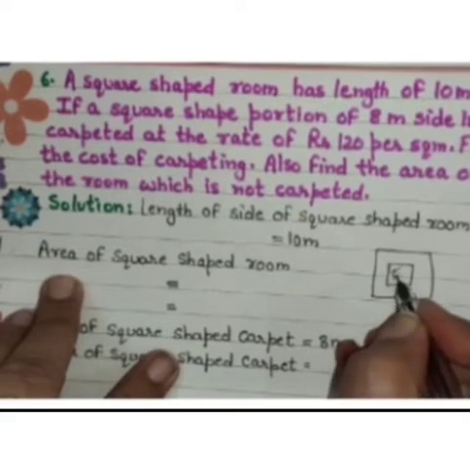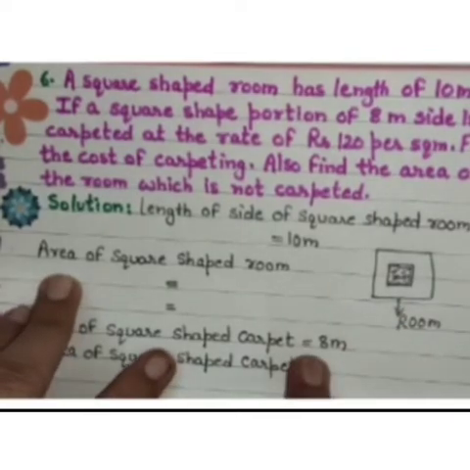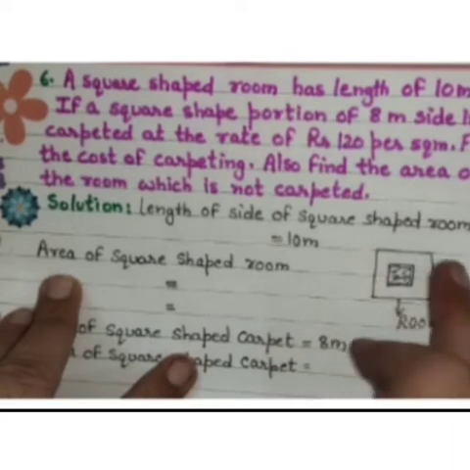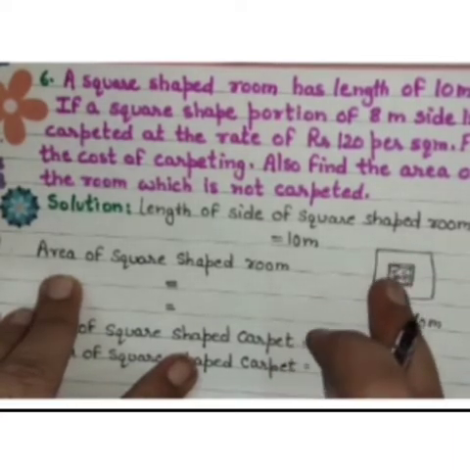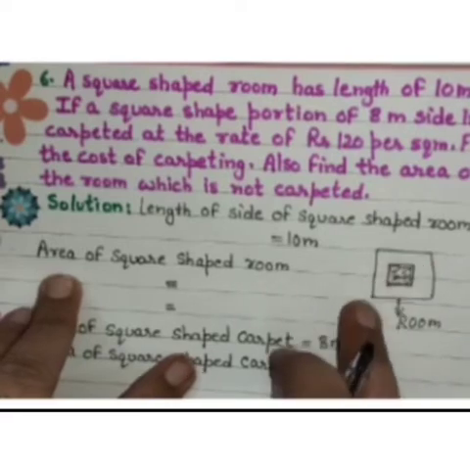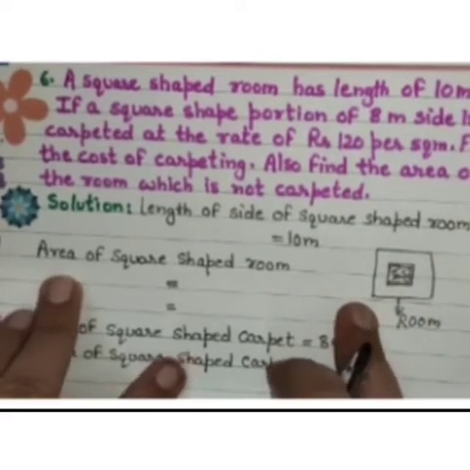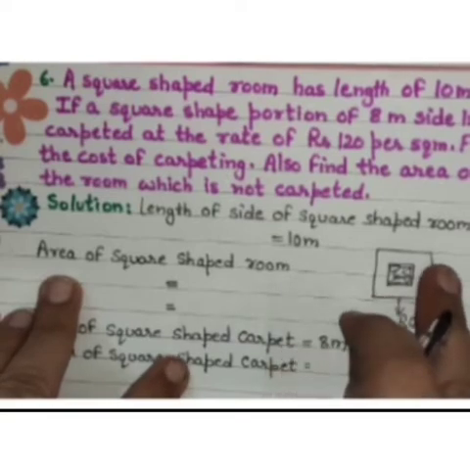This portion is carpet. And we have given the side of room also, that is 10 meter, and side of carpet also 8 meter. Both room and carpet are in square shape. And we have to find the cost of carpeting and area of room which is not carpeted.